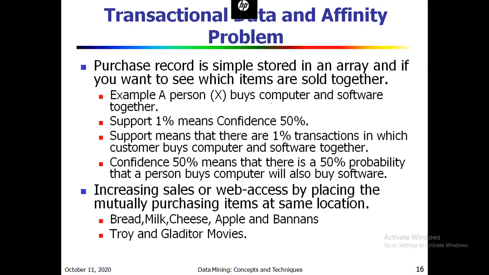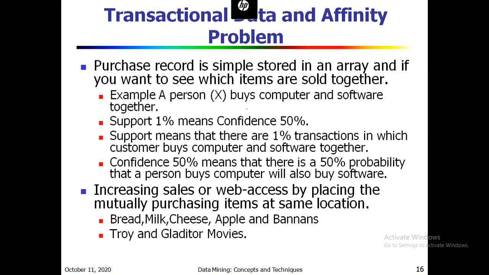For example, we say that a person buys a computer, buys the software, and we have a support of 1% and confidence 50%. So the support means that there are 1% transactions in which customers buy a computer and software together. So if there are 100 transactions, in one transaction the person buys computer and software together. The confidence is the probability that a person who buys a computer will also buy software. So that probability is 50%.